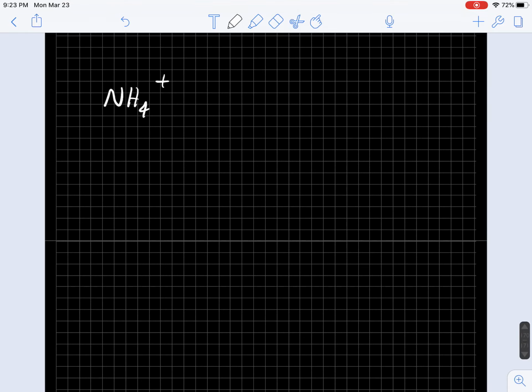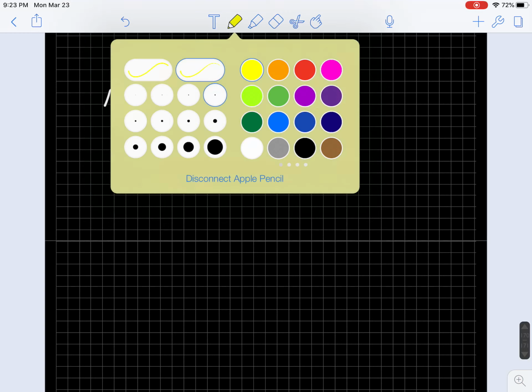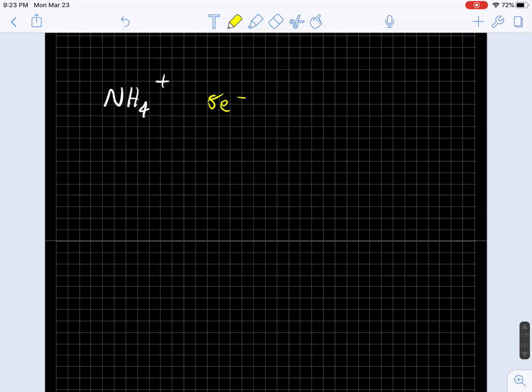All right, so suppose we had NH4 plus. Again, we set up our budget. 5 valence electrons for the nitrogen, plus 4 times 1 electron for the hydrogens. And then we're going to subtract an electron because of this positive charge.